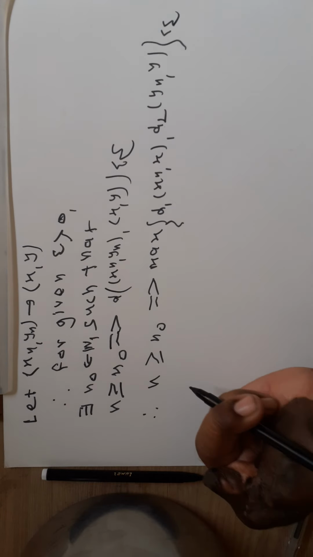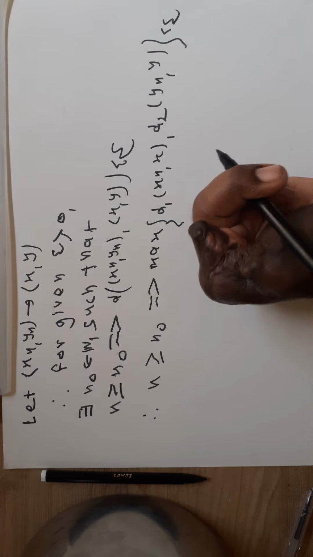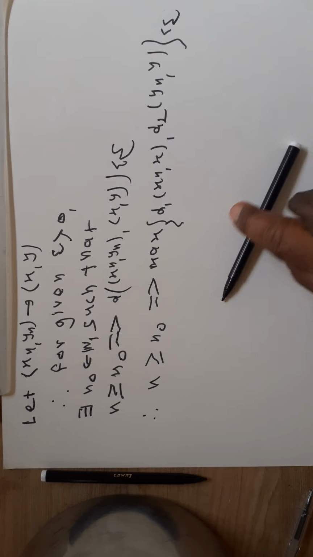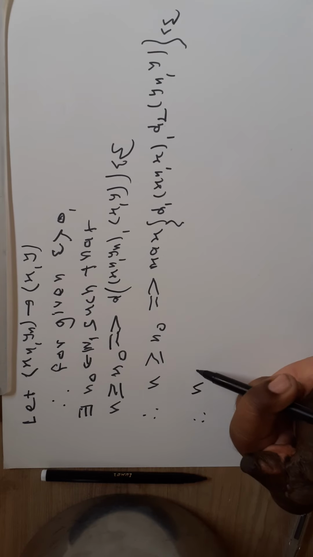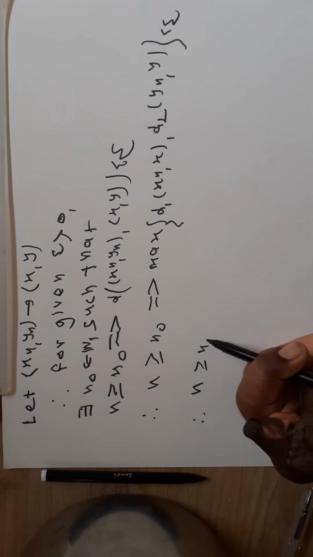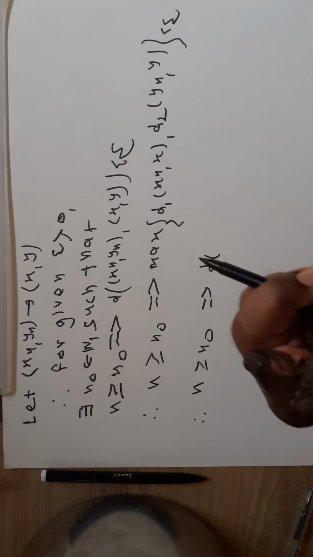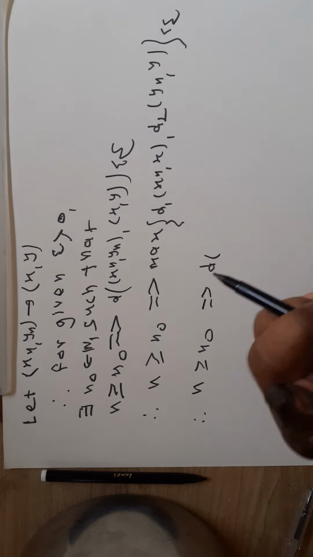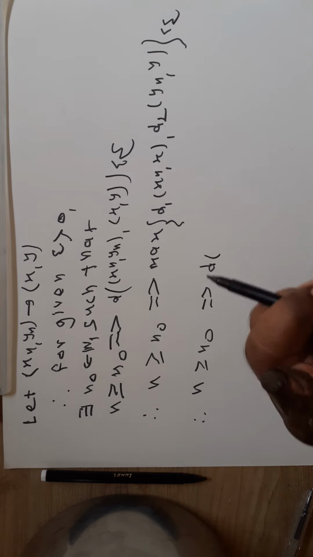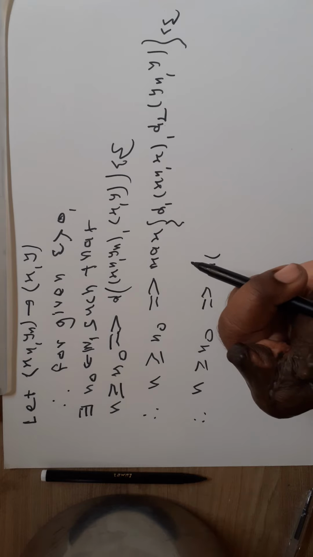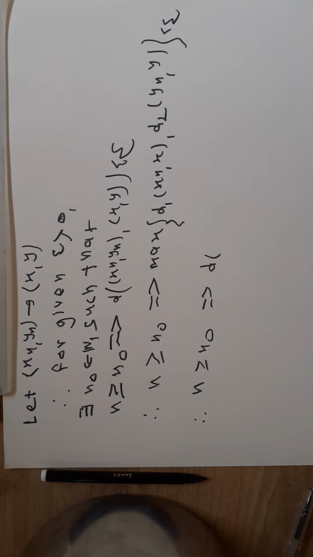Now, d1(xn, x) is less than or equal to the maximum of the set d1(xn, x), d2(yn, y).